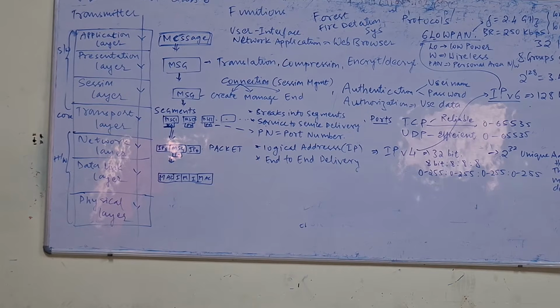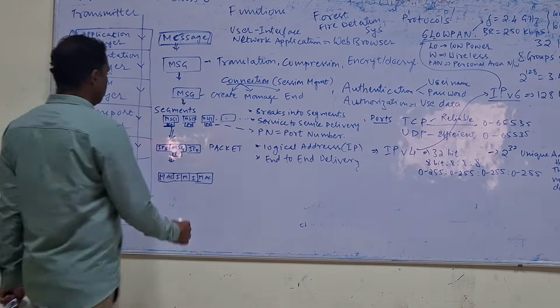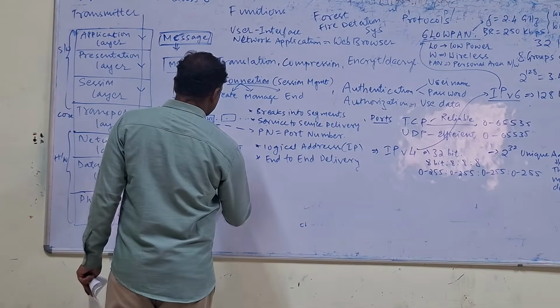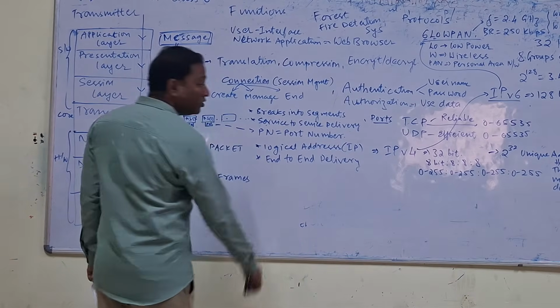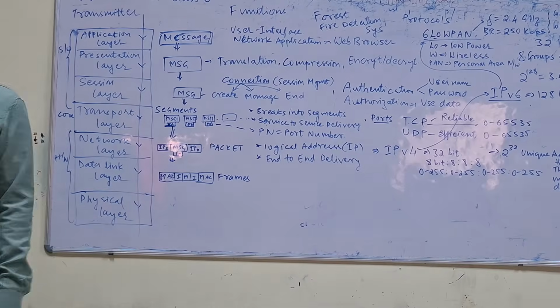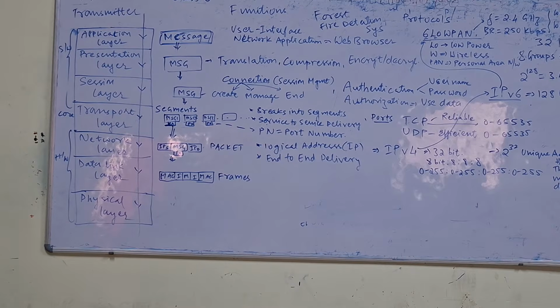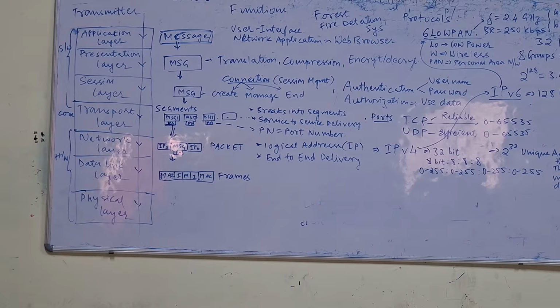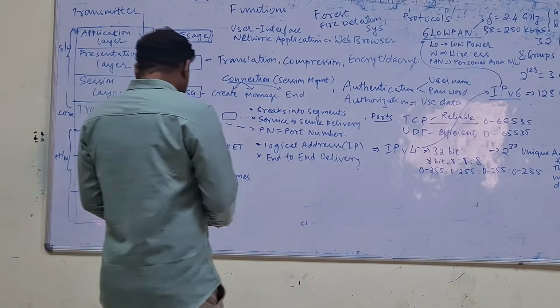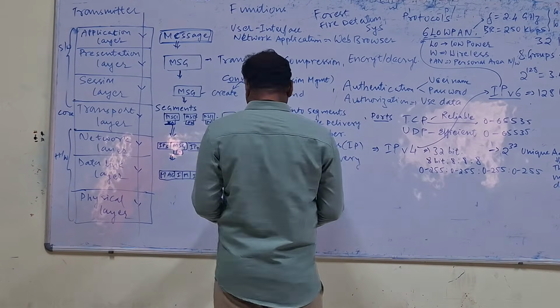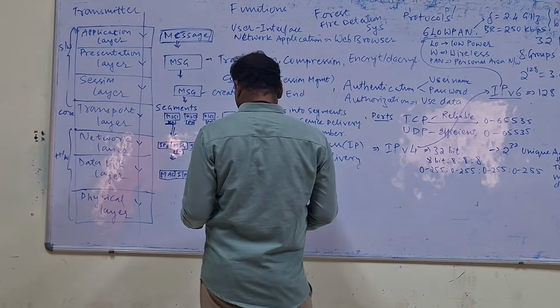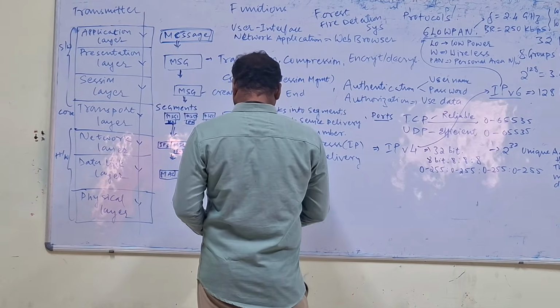Here, what is the name? Frames. Now we call them frames. At the transport layer segments, at the network layer packets, and at the data link layer, once the MAC address is added, we are going to call it a frame.